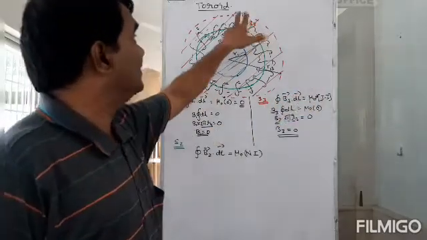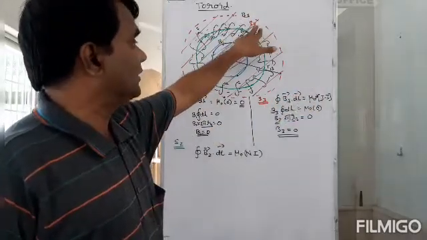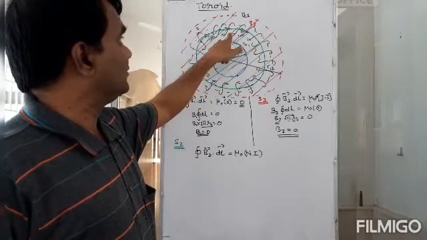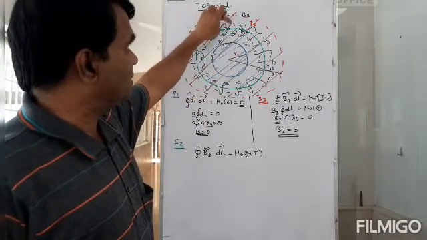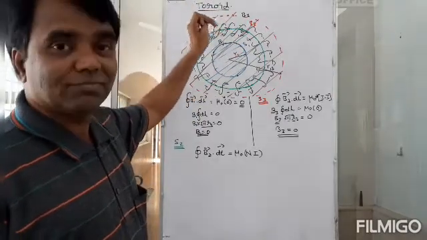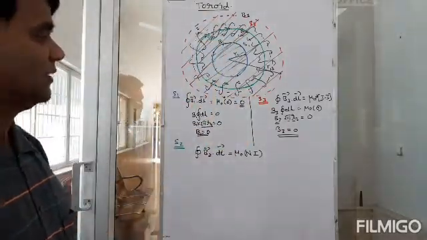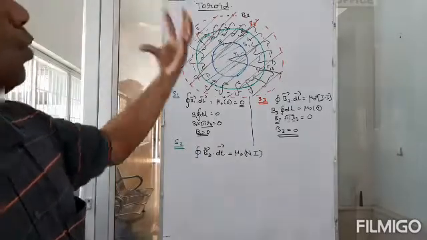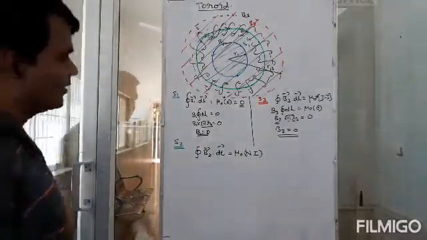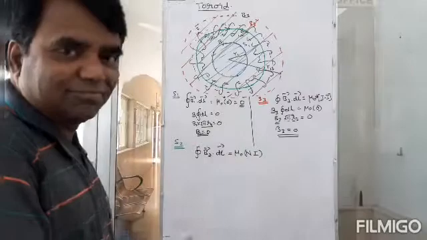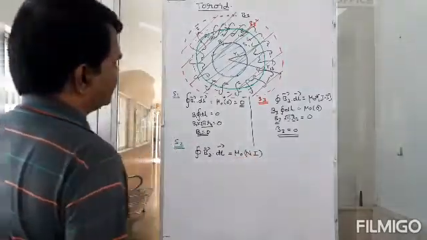But in the S3 surface, this was going in, this was coming out, so you are cancelling exactly. That is not going to happen here because you are getting only one type of penetration, either coming out or going in. So mu naught times NI.